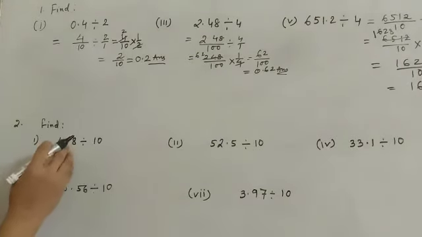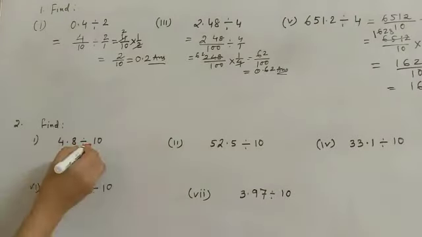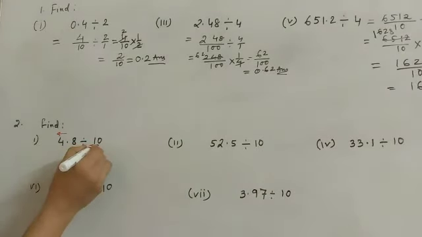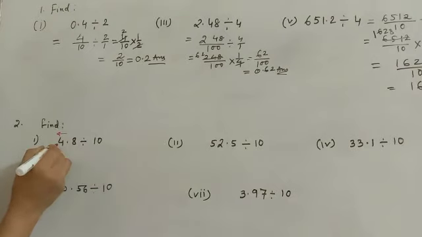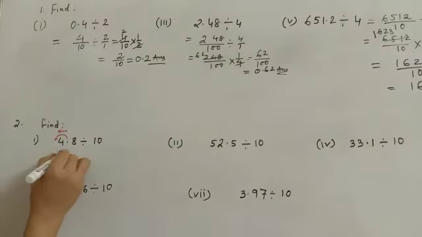So the decimal point will move to the left side. Now how many places? It is 10, so 1 place of decimal, the decimal point will shift. So from here the decimal point will shift to this place.